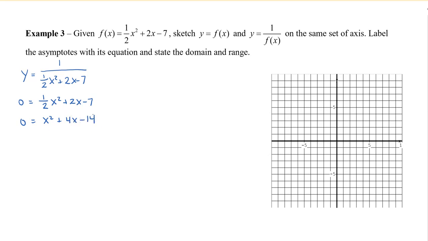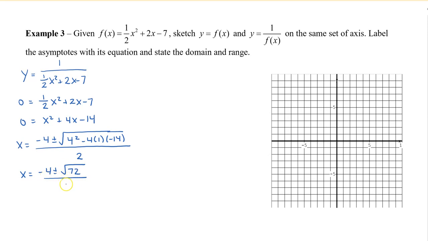I can see this is not factorable, unfortunately, so I'm going to use the quadratic formula to find x. So I get 4 squared minus 4 times 1 times -14 inside the radical, all over 2. So just simplifying the radical inside, I get plus or minus √72 over 2.